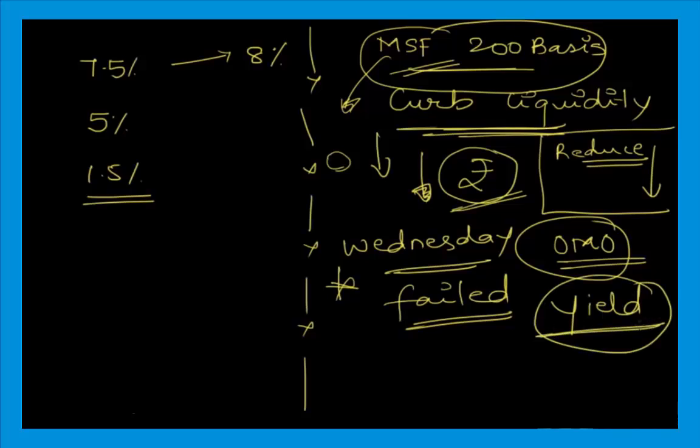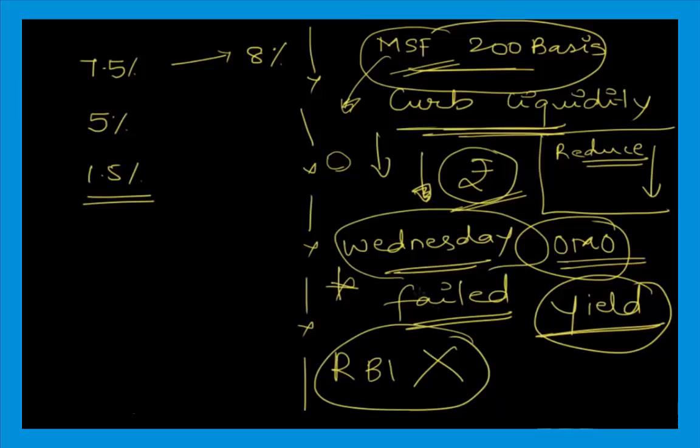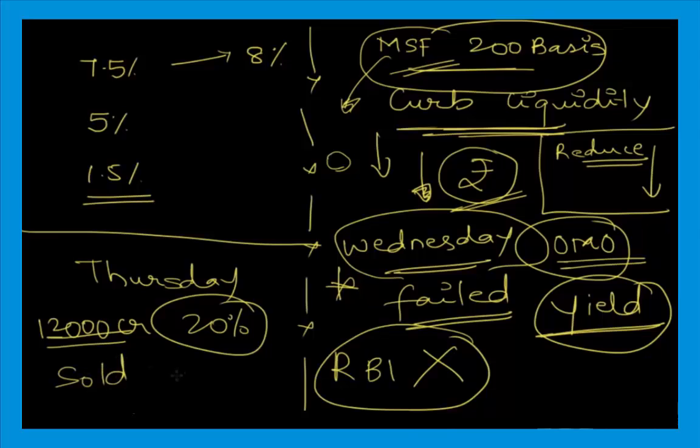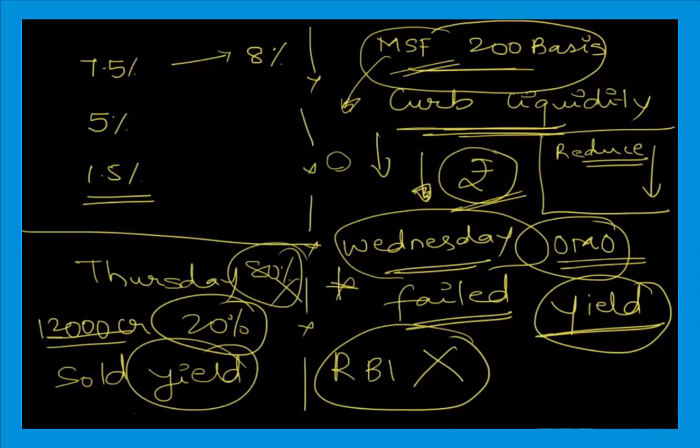They had quoted higher yields, and RBI rejected all their quotes and did not sell a single bond. Similarly, they had an auction on Thursday also. They were supposed to sell 12,000 crore worth of bonds, but only 20% of this 12,000 crore got sold, again because the investors were asking for more yield, and the remaining 80% of bids were rejected.